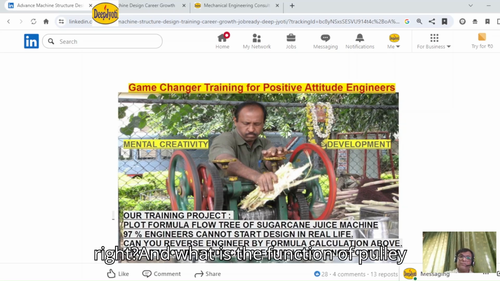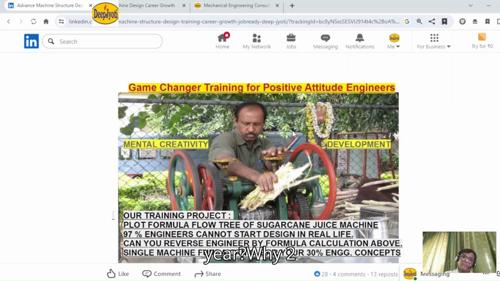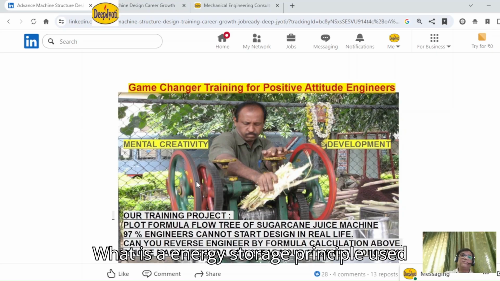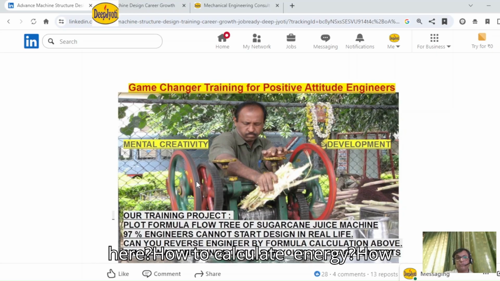And what is the function of the pulley here? Why are two pulleys there? What is the energy storage principle used here? How to calculate that particular energy? How much energy will get stored in this pulley? And then comes the HP calculation of the motor and the V belt selection calculation.